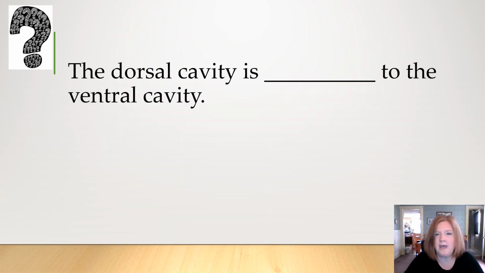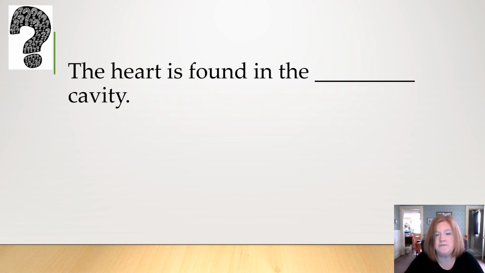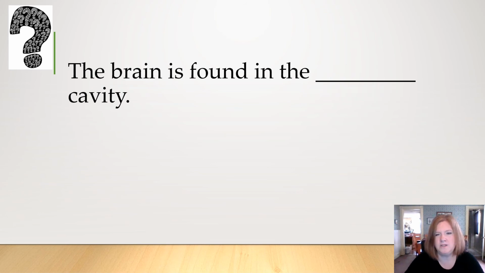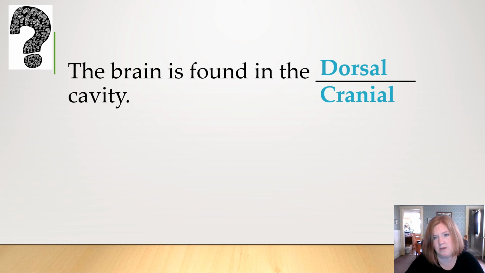So the dorsal cavity is what to the ventral cavity? It's posterior, right? The heart is found in which cavity? Well, you could say ventral if we're talking about the whole group, or more specifically thoracic. What about the brain? In which cavity is the brain found? Well, that would be dorsal, the whole category, or cranial to be more specific.